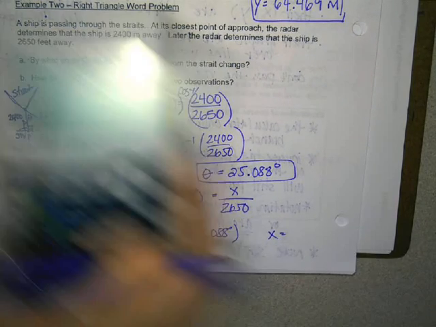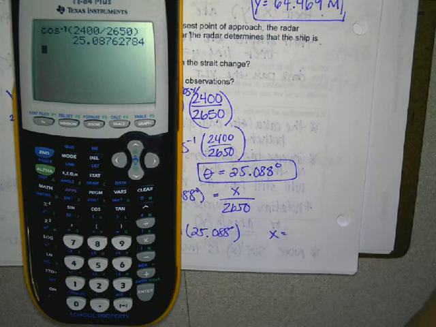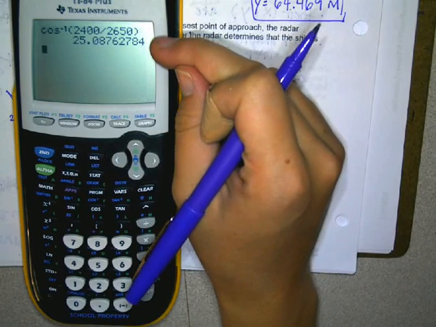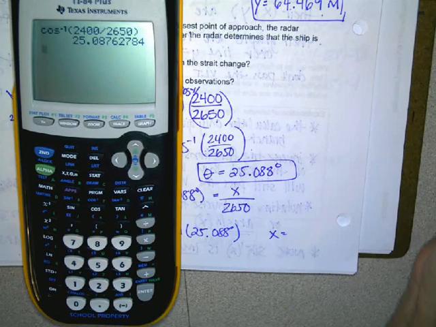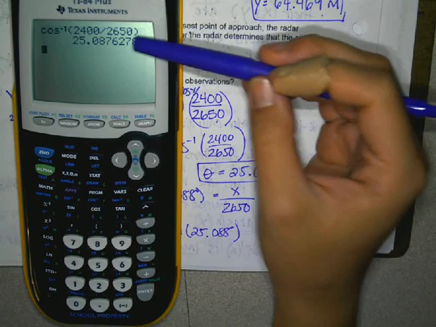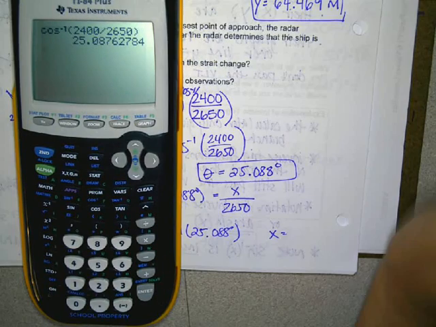Now, notice there's a whole lot of decimals here. I want you to get used to storing something that looks like that if you're going to use it in another problem. There's something called round-off error that, if you're not careful with, the more you use the number, if you've rounded, it's going to make your other answers off by a lot.